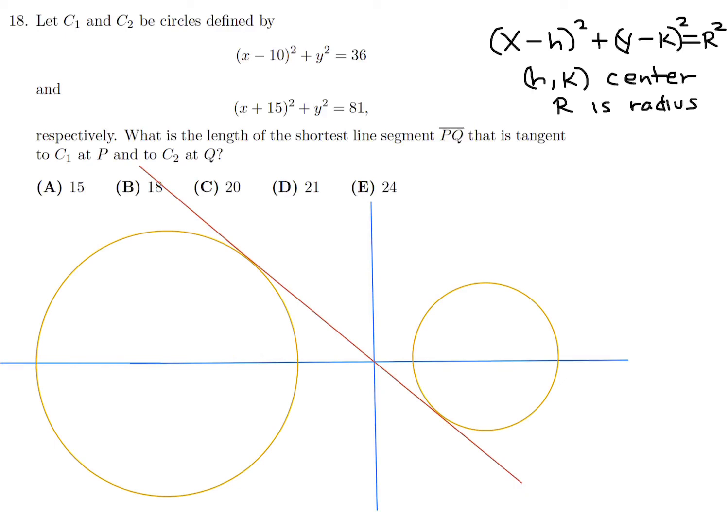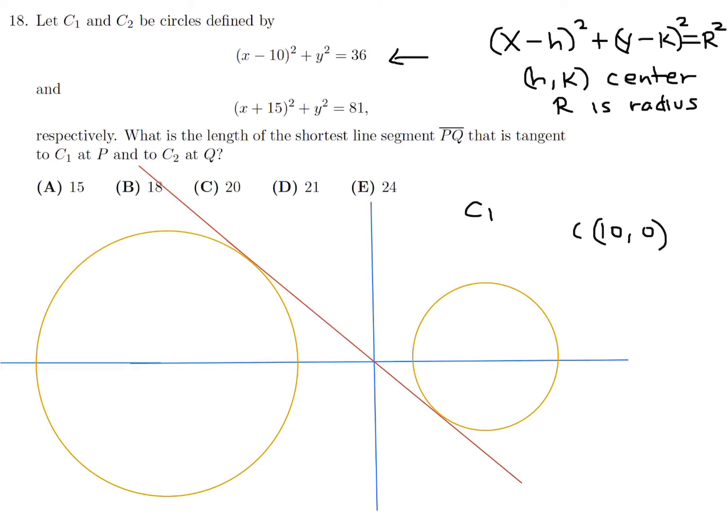So here is a graph that best represents, I think, this question. And let's explain what's going on. The first equation is a circle with center (10, 0), and this is C1. So I wrote that here.